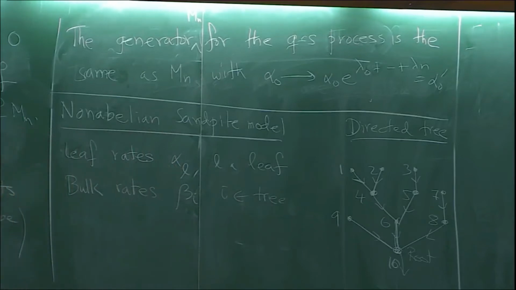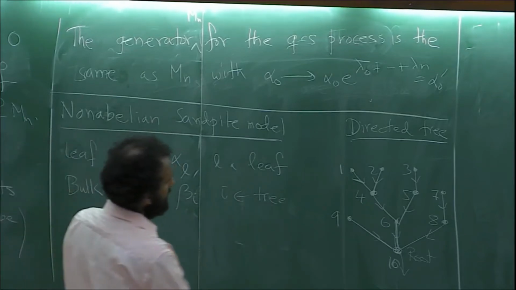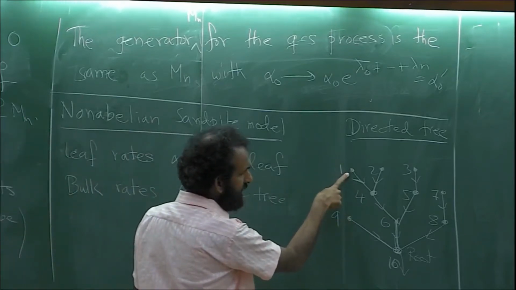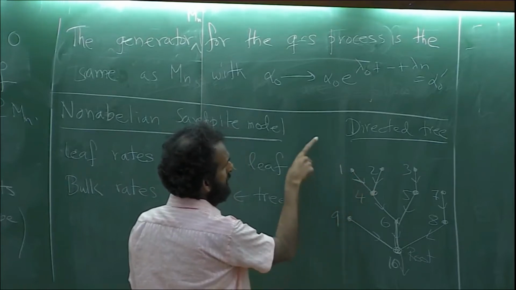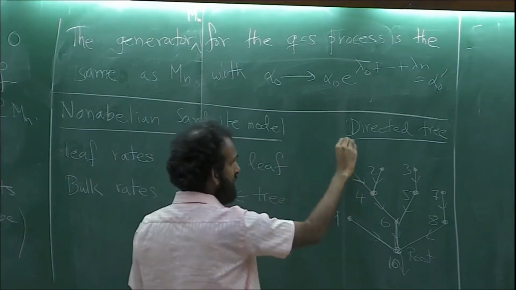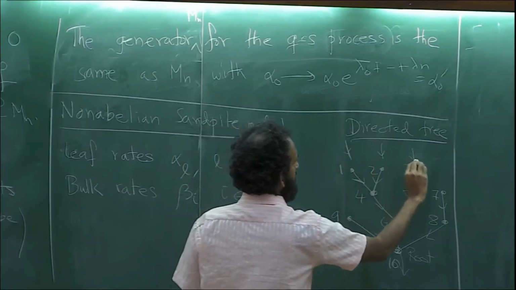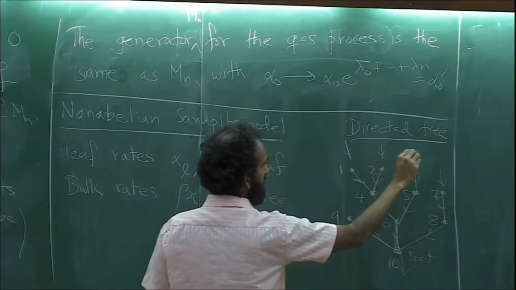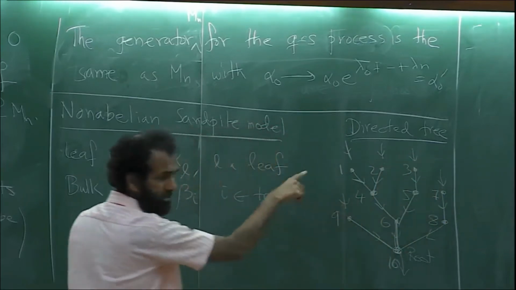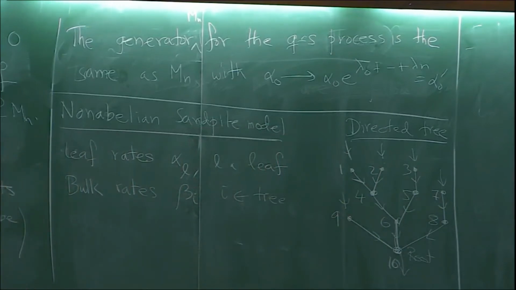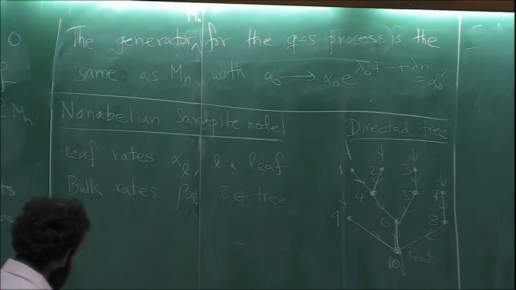A particle which is here will hop with rate beta 1, particles will enter with rate alpha 1 over here, alpha 2, alpha 3, alpha 7, and alpha 9, and so on. So this is the same kind of dynamics. For this, many of the results go through, but now there are interacting currents. That's what I want to mention.